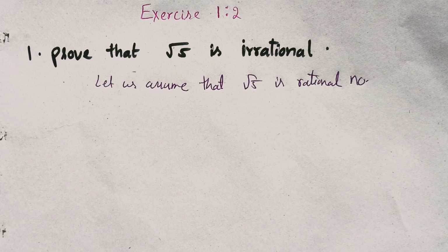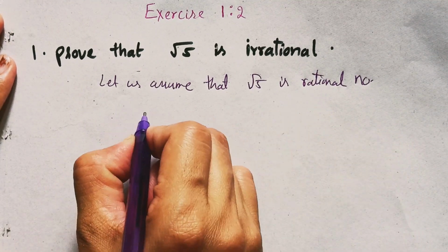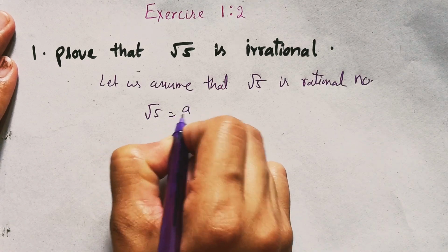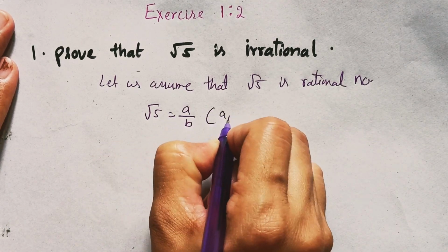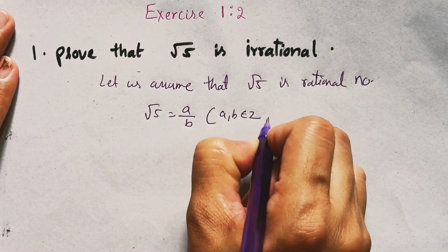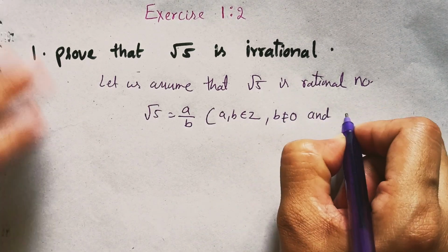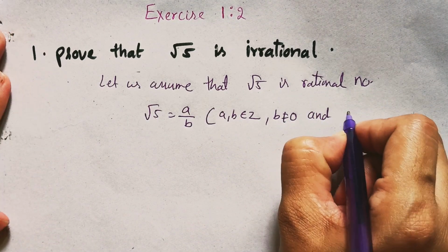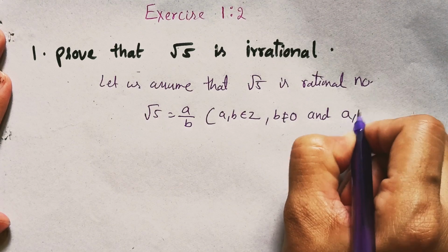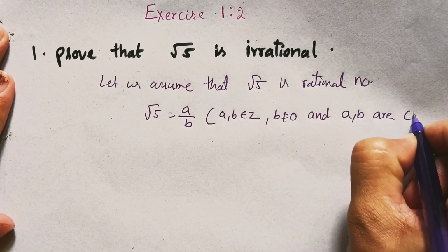We know that if it is a rational number, then root 5 should be a by b, where a, b belong to Z and b is not equal to 0. And also we are taking a, b as co-prime numbers.